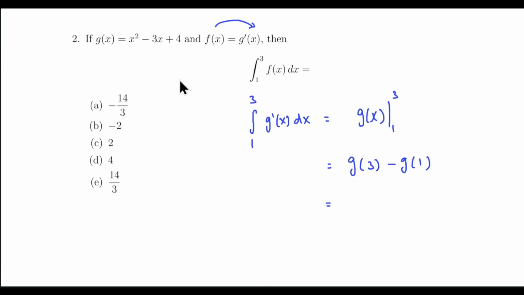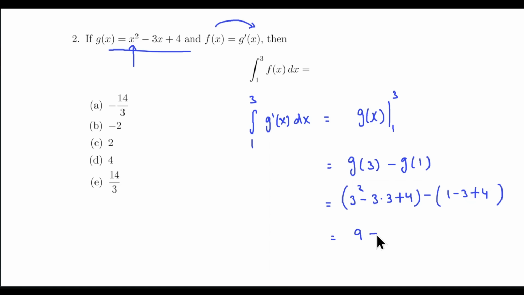Fortunately, we are given what g of 3 and g of 1 are over here, so I'm just going to plug that in. g of 3 is going to be 3 squared minus 3 times 3 plus 4. I hope you understand, I'm just replacing x by 3 here, and then every x by 1. So it's just 1 minus 3 plus 4.